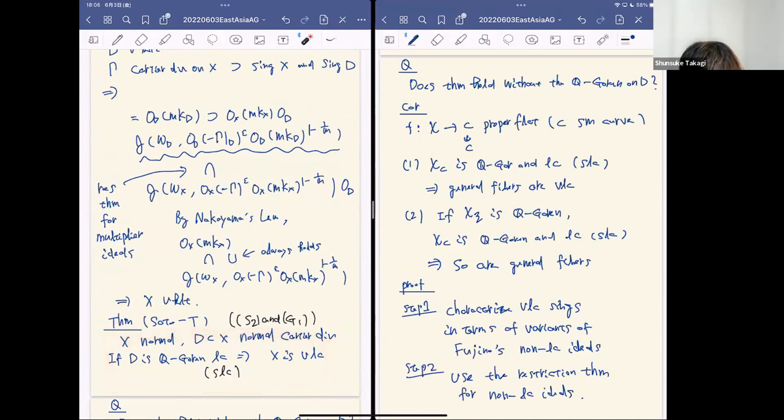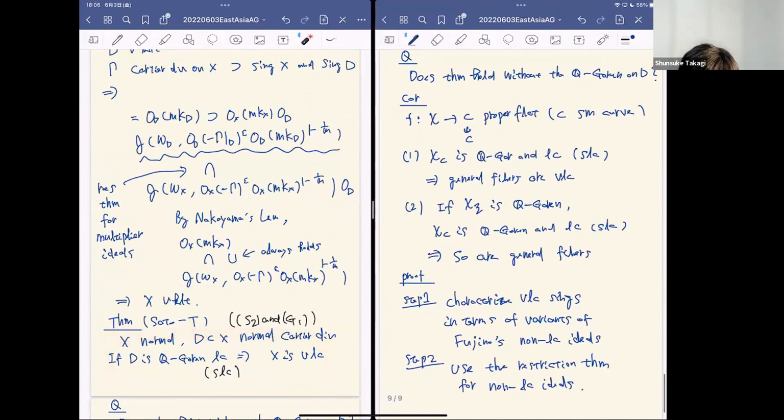And this restriction theorem basically follows from the vanishing theorem for LC singularity.